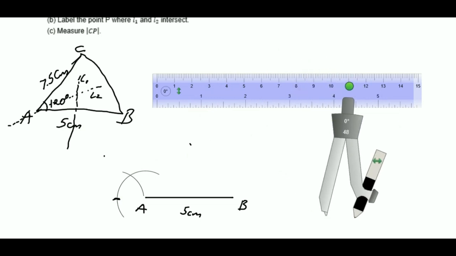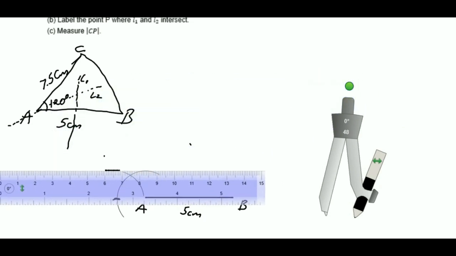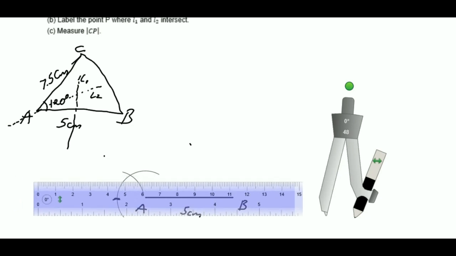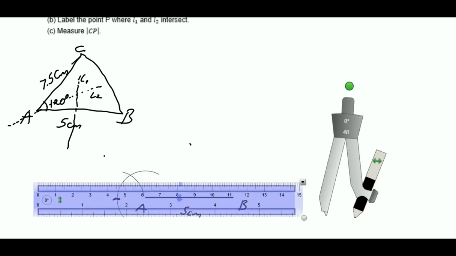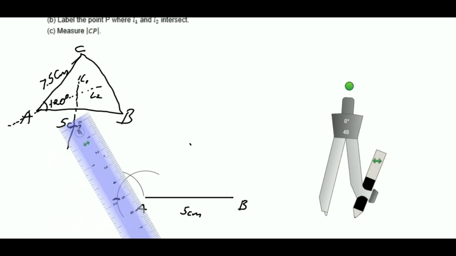Then you bring your ruler. Oh, sorry about that. Let me just quickly erase that. Back to the matter. You take your ruler, you adjust it to be in line with that.